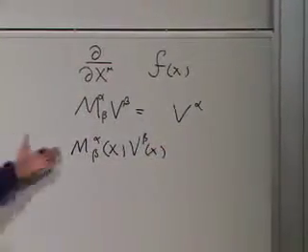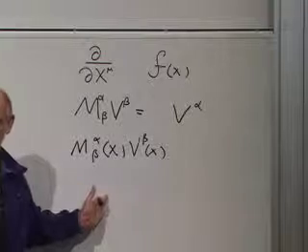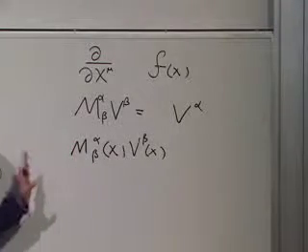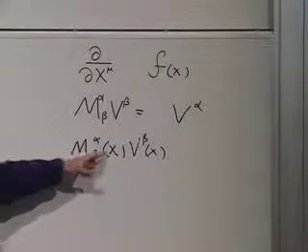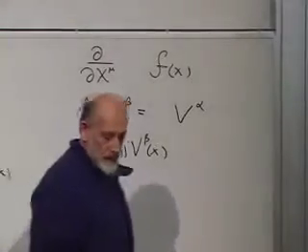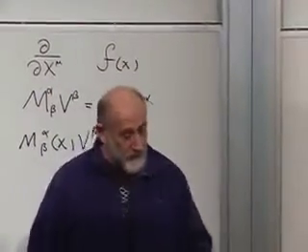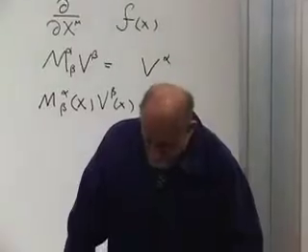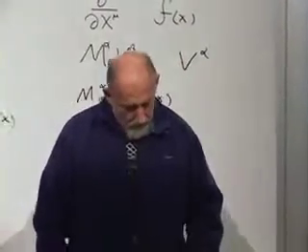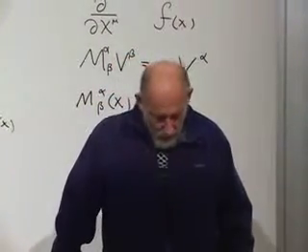I'm not going to write that this is equal to what I've already written. So we can have an operator which is both a matrix and a function of x. We can even do more complicated things than that, but I think you get the point.